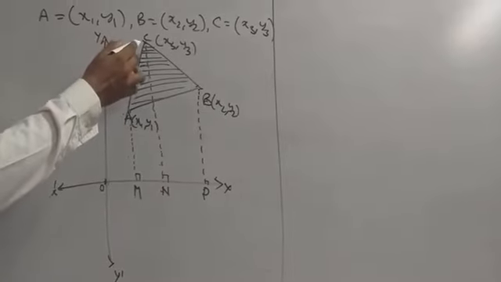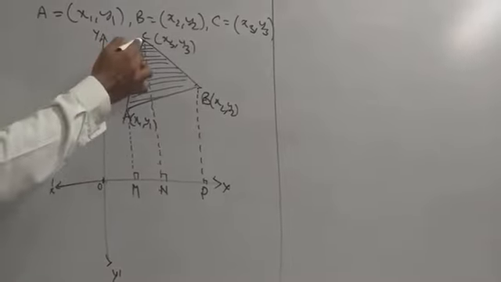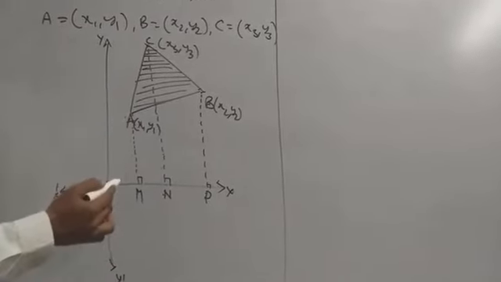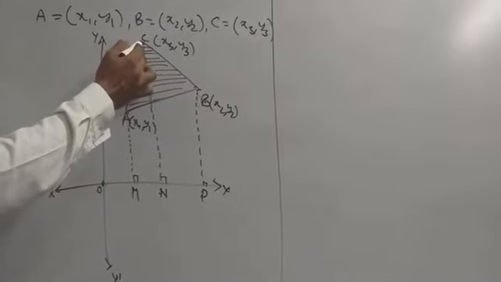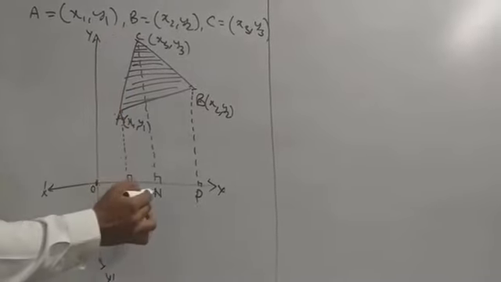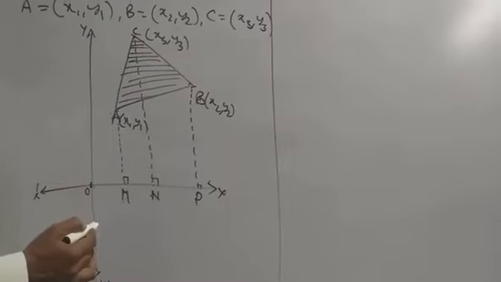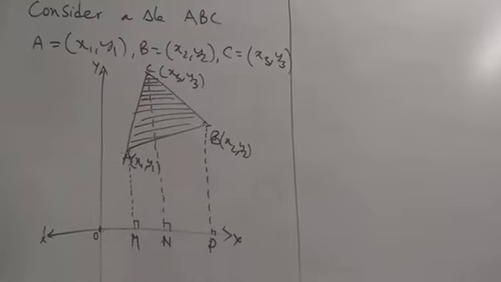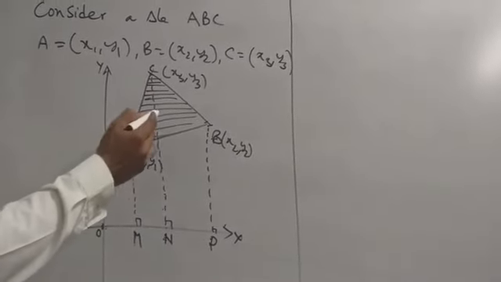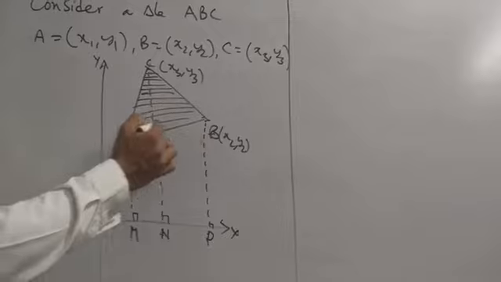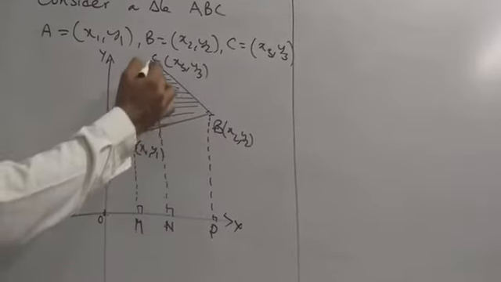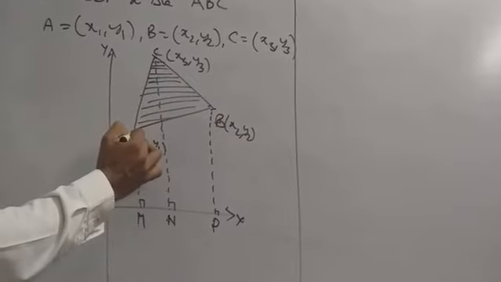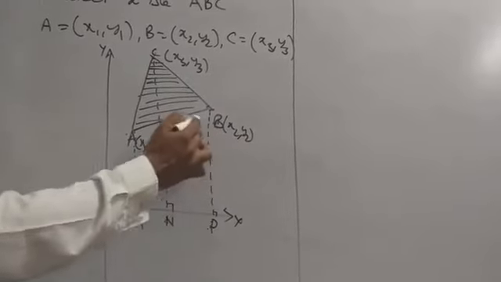So, we can consider here the area of the pentagon is nothing but the area of trapezium AMNC plus the area of trapezium CNPB. Now, our intention is to find the area of this triangle. If you remove the area of this triangle from the pentagon, you have AMPB.